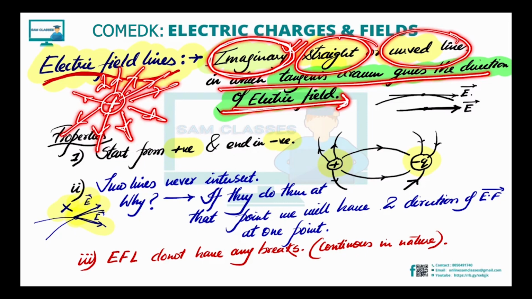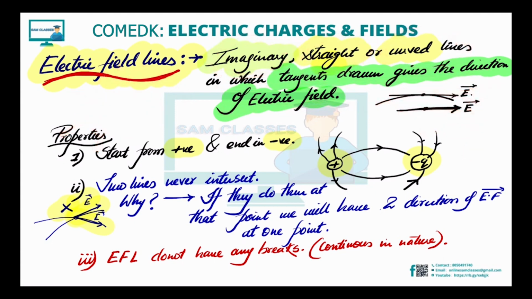They can be either a bit curved like this, where the tangent at this point gives me the direction, or they can be straight also. So electric field lines are imaginary straight or curved lines in which, if we draw a tangent, they give me the direction of the electric field.